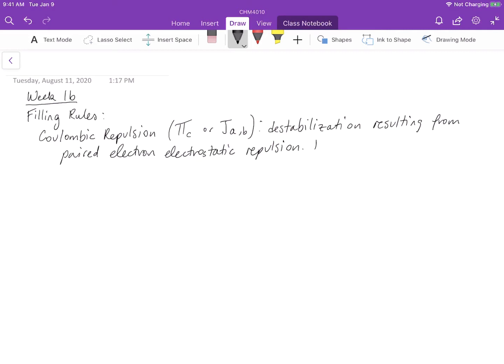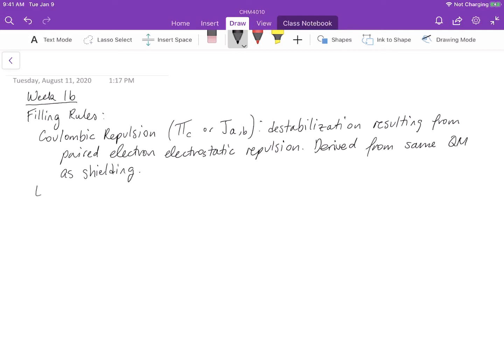So it's derived from the same quantum mechanics as shielding. So if it's a destabilization, that means that it's increasing in energy.